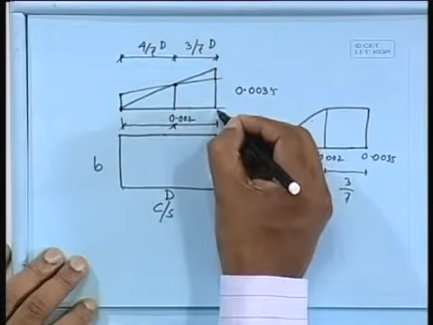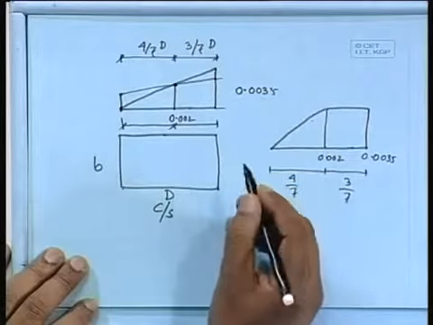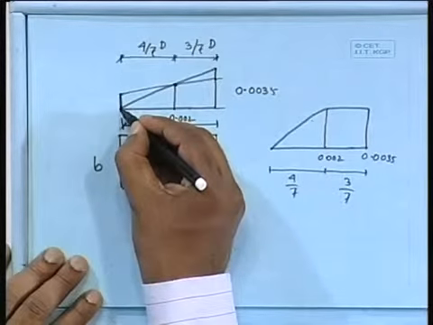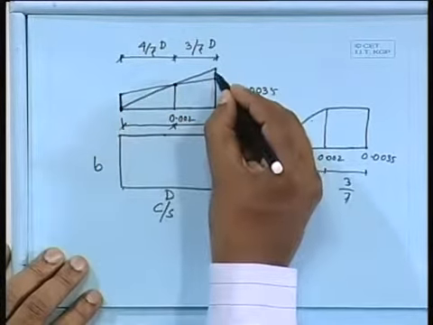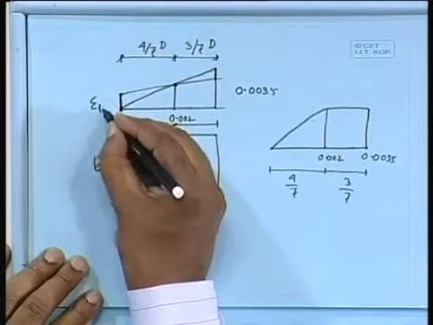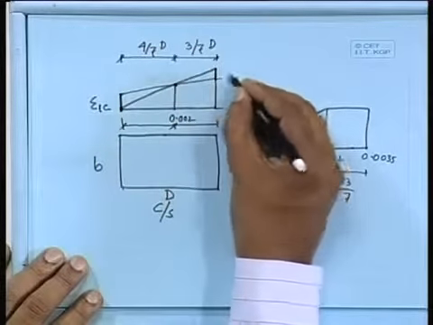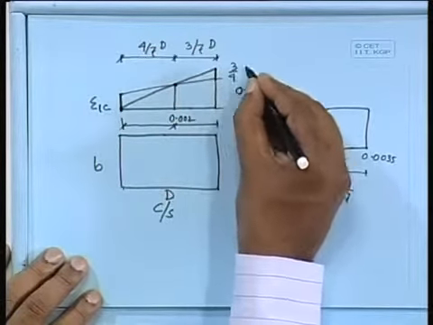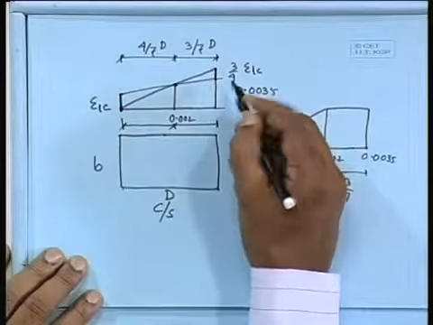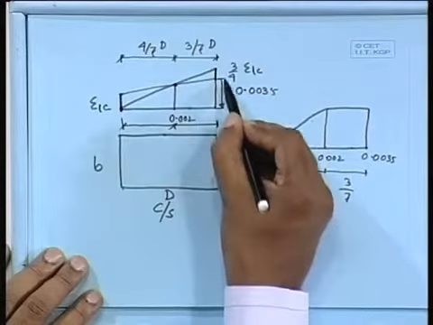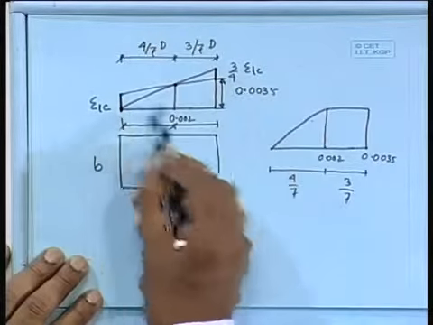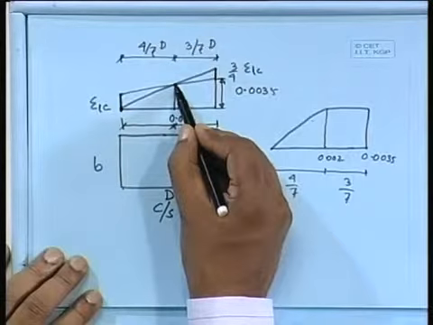If I know this value, epsilon least compression, call it epsilon LC, then the other will be 0.0035 minus 3/4 of epsilon LC. That gives me the strain here, so it is pivoted about this point.